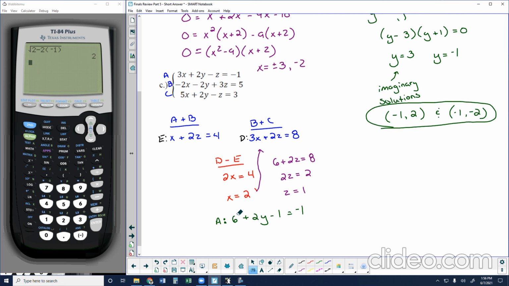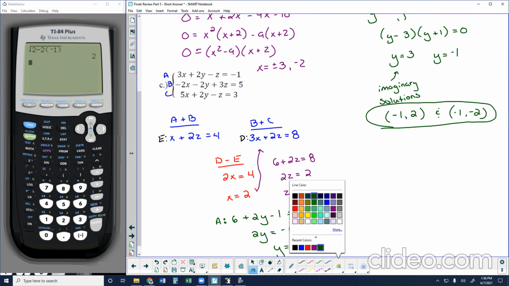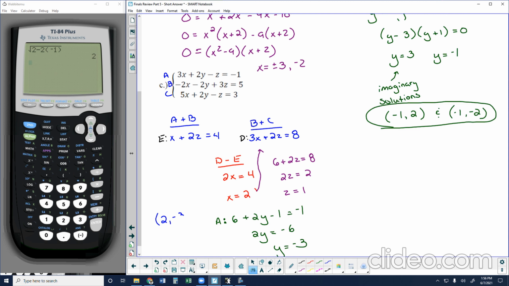I can subtract 6 and add 1 to both sides to get 3y, or 2y equals a negative 6, then divide by 3, so y equals negative 3. So my final solution would be the ordered triple, with x being 2, y being negative 3, and z being 1. You could check this by substituting in each of the values for x, y, and z and see that it would satisfy each of the three equations.